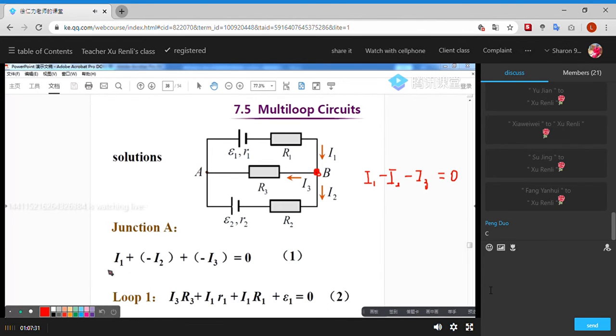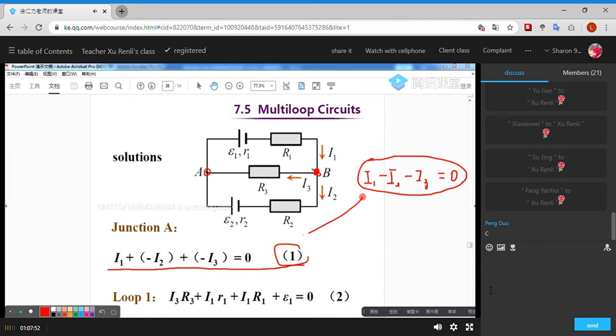And this is just the equation for junction A. So the equation for junction B is independent of this equation. They are not independent, so this equation is not necessary.